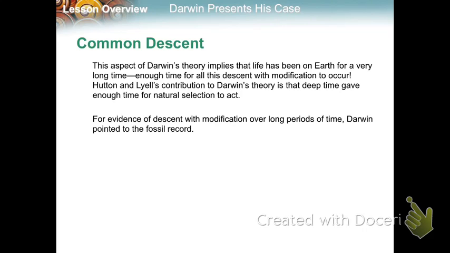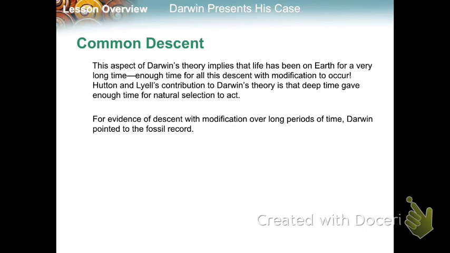This is just a hypothesis. This goes along with Hutton's and Lyell's theories, studies, hypotheses. This all had to take a really long time for every organism to be descended from a common ancestor. It had to take a long time for this evolution process to happen.